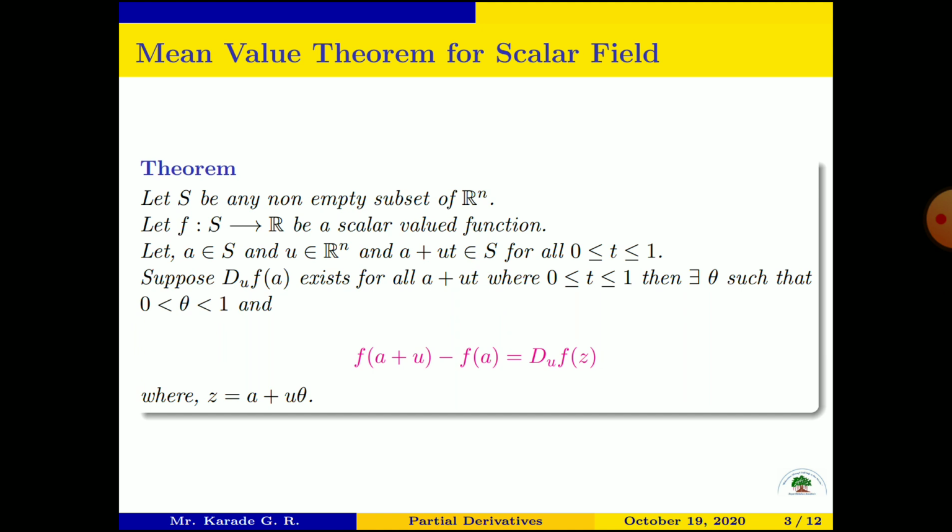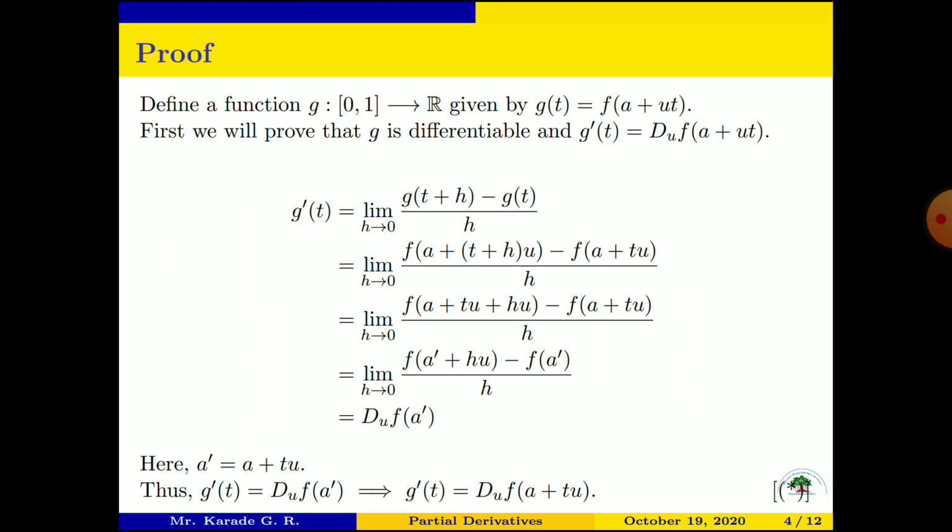So we try to prove this theorem. Okay, so how to prove, we will see here. To prove the given theorem, we define a function g from the closed interval 0, 1 to the set of real numbers, defined like this: g of t is equal to f of a plus ut.